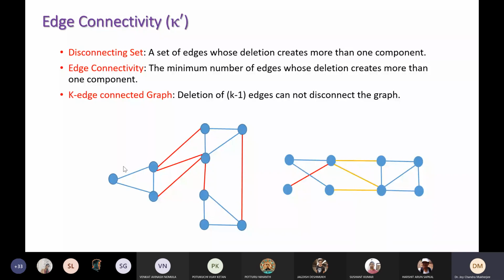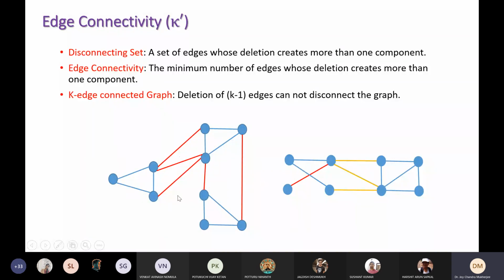Similarly, beta of G is the minimum vertex cover, and beta prime of G is the minimum edge cover. Similarly, kappa is vertex connectivity, kappa prime of G is edge connectivity. So there are two things. One thing is called a disconnecting set. A disconnecting set is a set of edges whose deletion creates more than one component. जैसे इस ग्राफ अगर देखो, यहाँ पे all these red edges actually create the disconnecting.